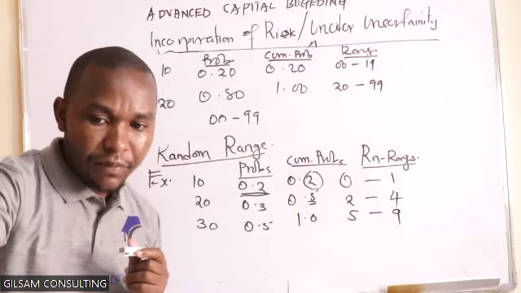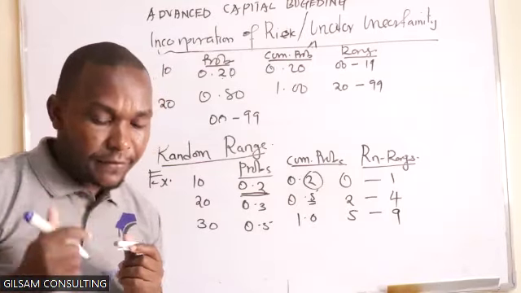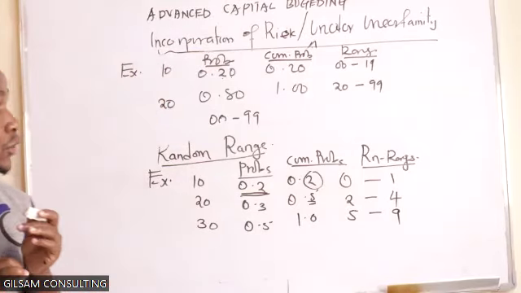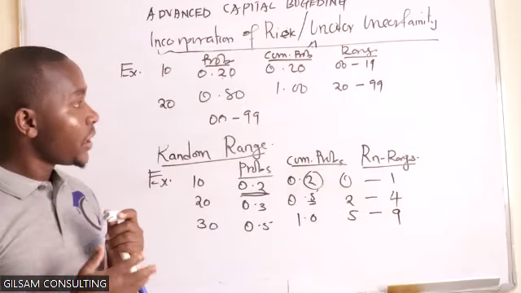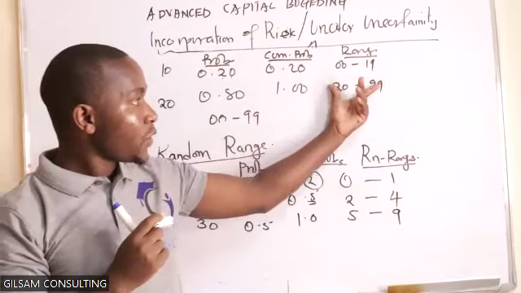In this simulation of handling risk, the first concept is to know how to generate the range. Once you know how to generate the range, you use it to get the cash flow.